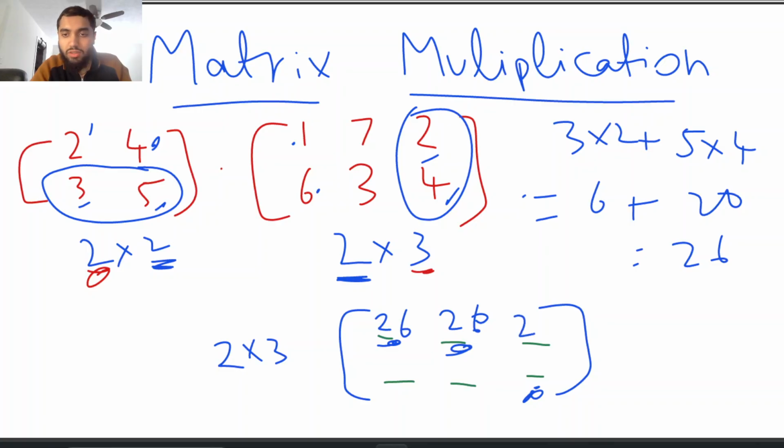So you put 26 here. For the rest of them, I'm not going to do them, you can do them on your own. That's going to be 33, 36, and 26. And there you go, that's the answer for the first one.